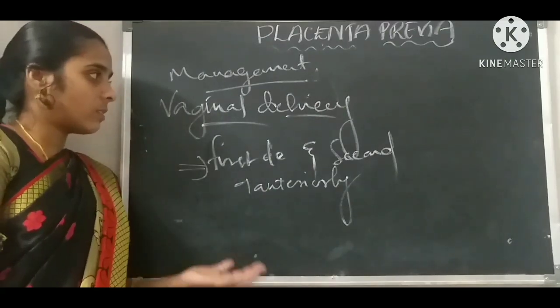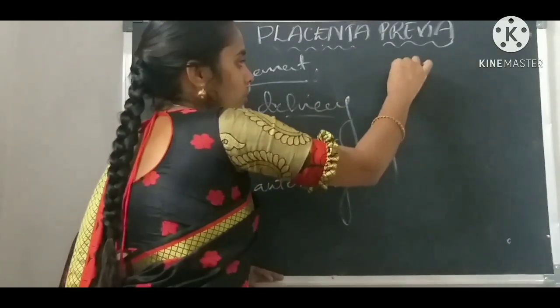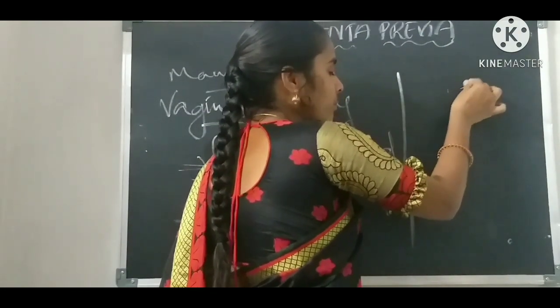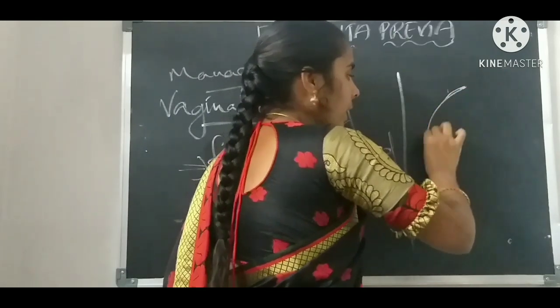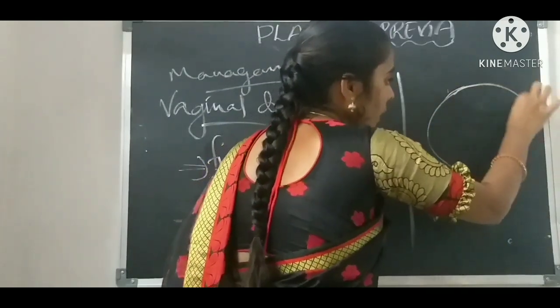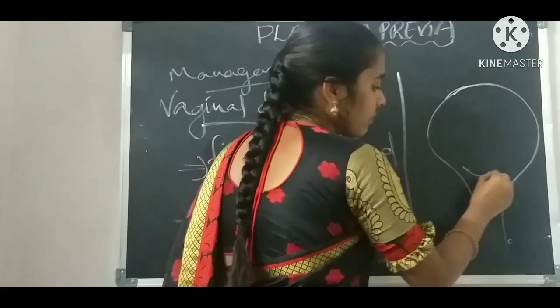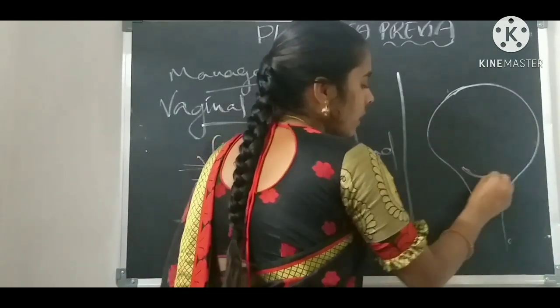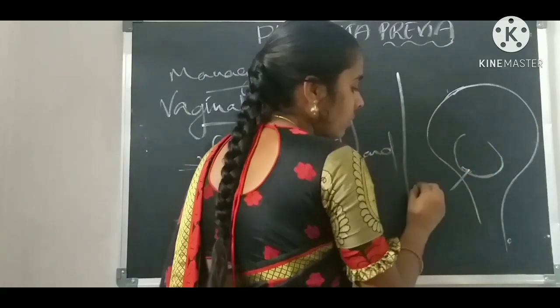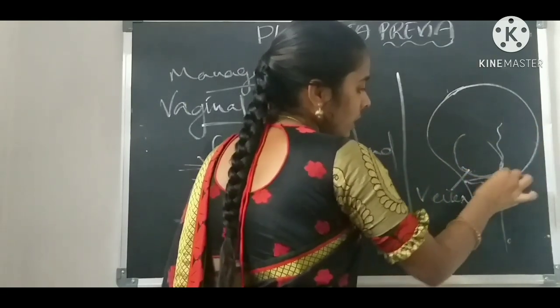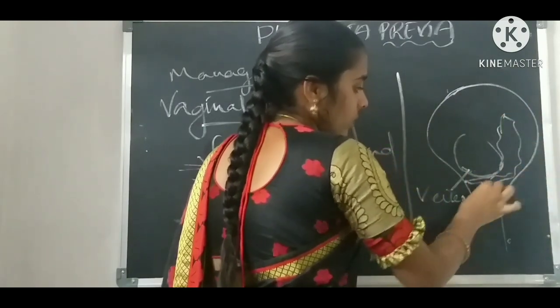The next situation for vaginal delivery is if the presenting part, for example the head with vertex presentation, is behind the placental edge. This is the head of the fetus with vertex presentation, and this is the placental edge.